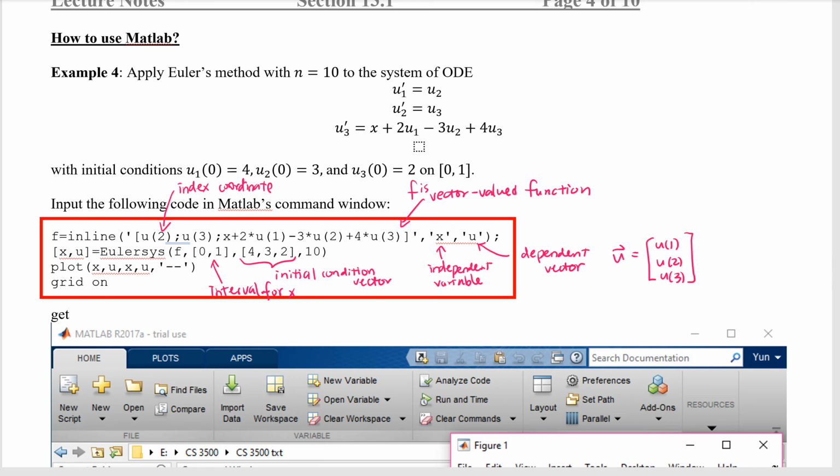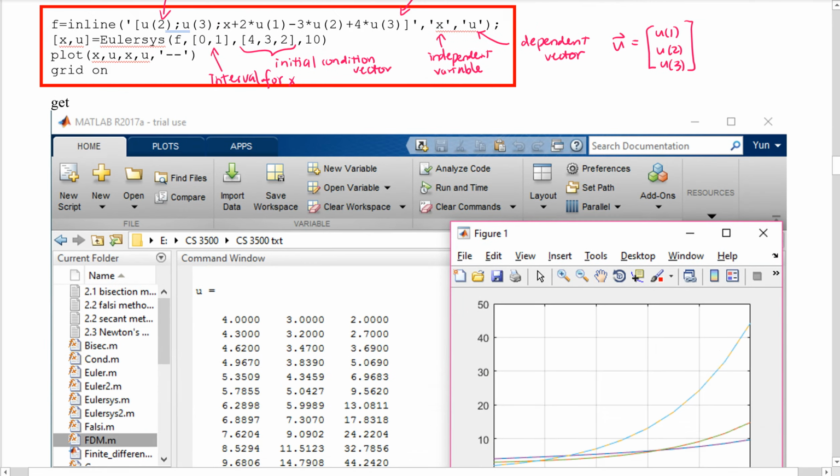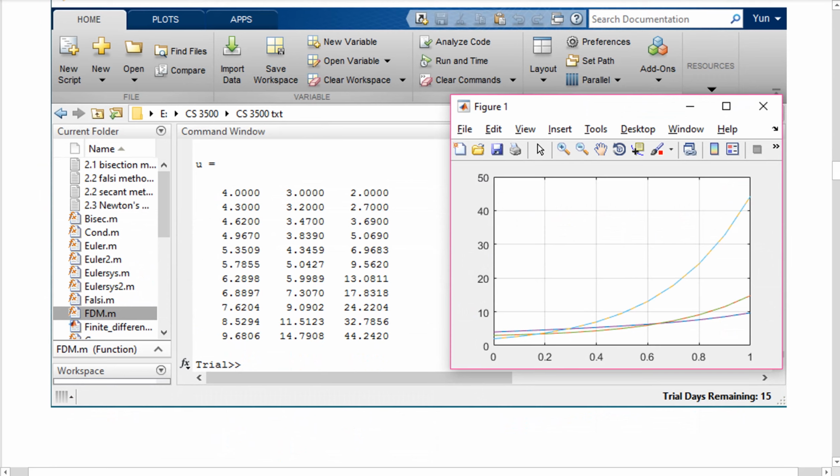Okay, and then we want to plot. We can plot the curve, but this is a vector valued function, so it is hard to plot. But it has 3 coordinates, so it will give us 3 curves. You can see each coordinate as a function of x, how it looks.